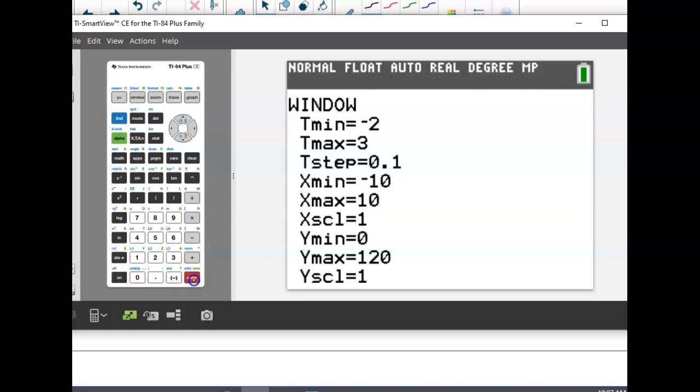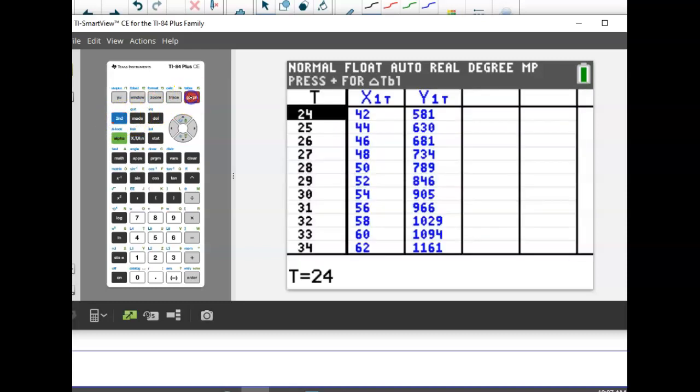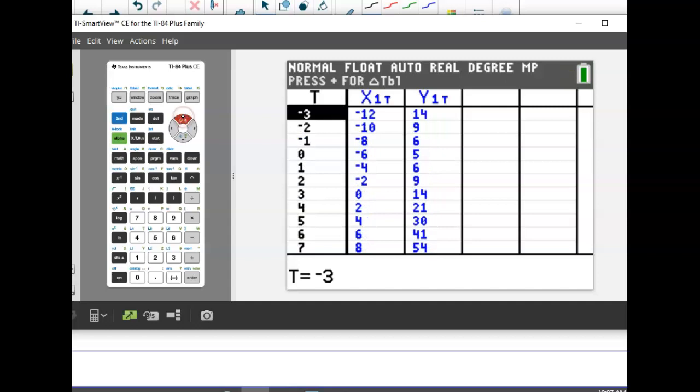Now I have no idea if this example is even going to fit on that graph paper. This one should be -10 and this one should be +10. All right, let me see if it works. Yeah, no. If you go to the table though, it would tell you the points. What were they, guys? -2 to, what did I do?